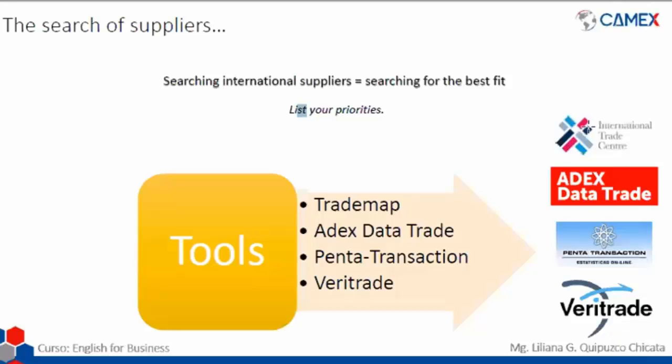If not, you can always look at least on TradeMap to get an idea. Maybe I won't find the supplier name, but I will get an idea of which country I should be looking at and buying from.